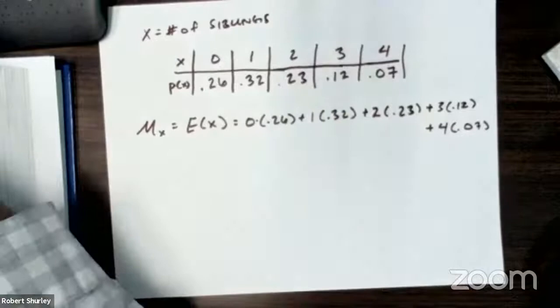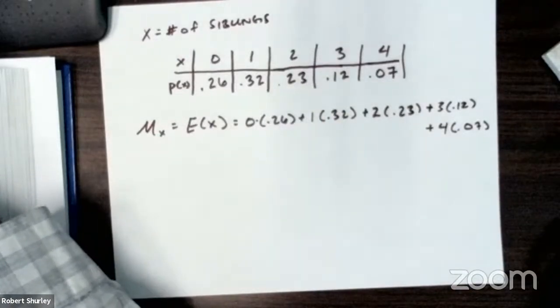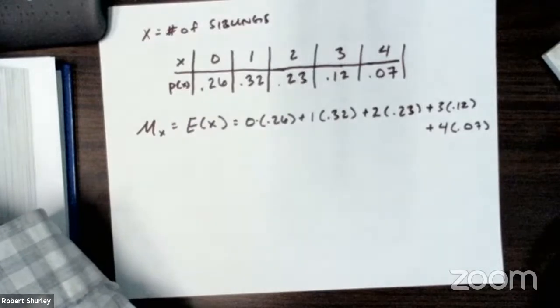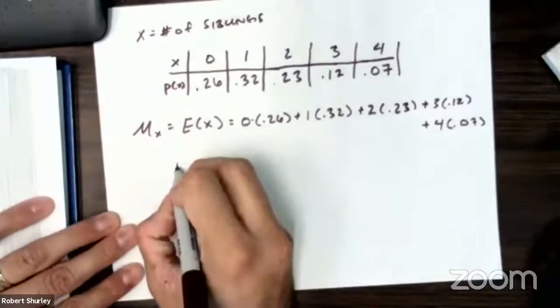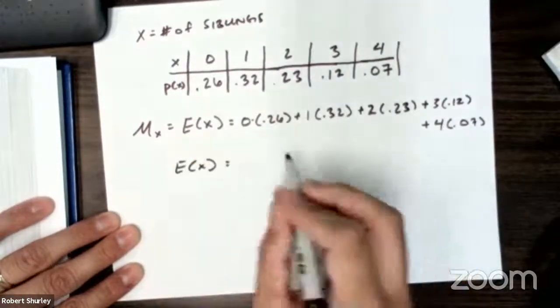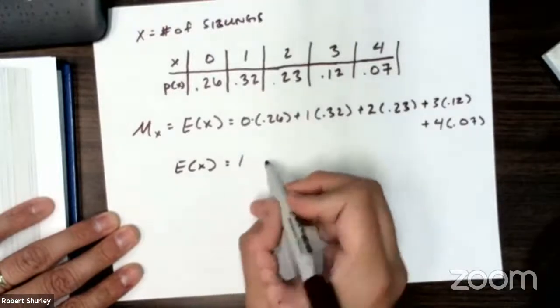So 0.32 plus 2 times 0.23 plus 3 times 0.12 plus 4 times 0.07.